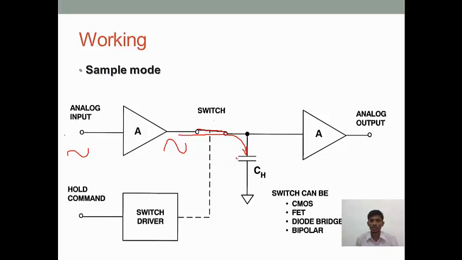The capacitor gets charged in the sample mode. The input amplifier acts as a normal amplifier. It passes whatever signal it has at the input side to the capacitor, and the capacitor will get charged to the same level as the analog input supplied to the circuitry.